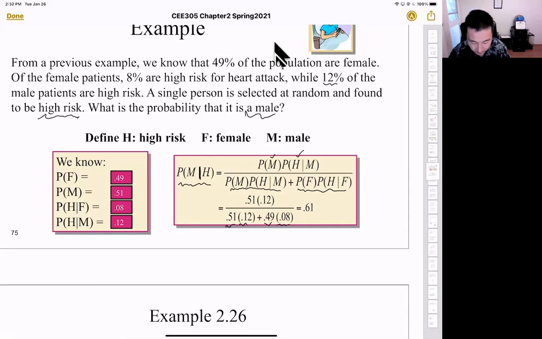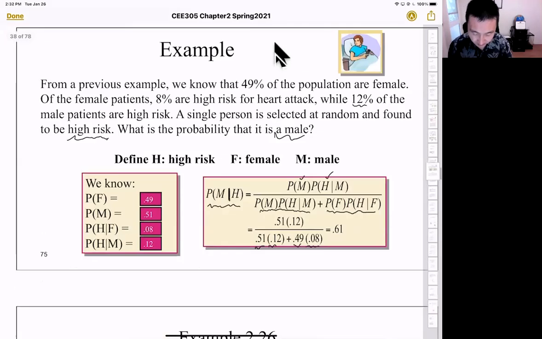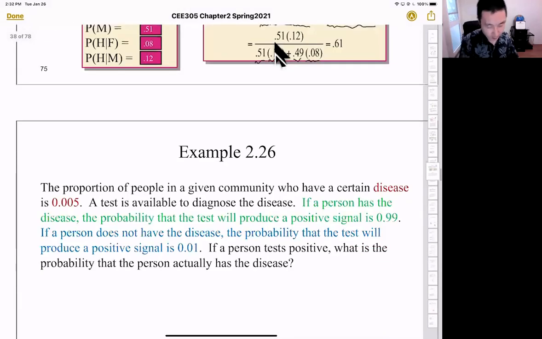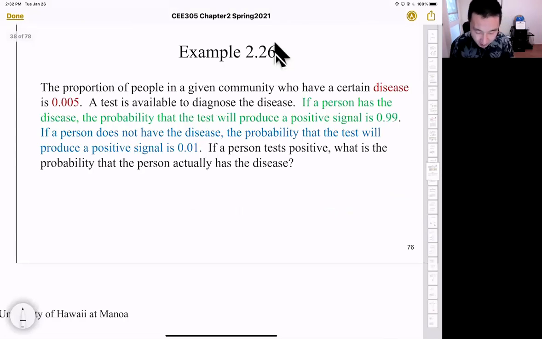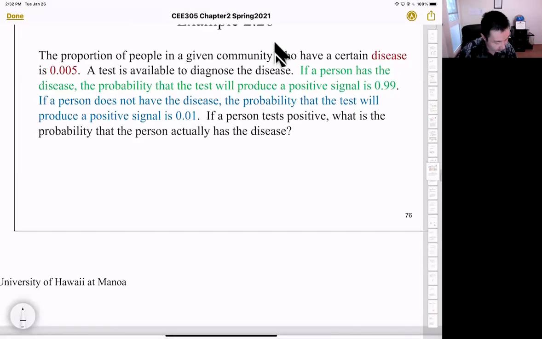Okay, let's look at another example. We can draw the diagram again and use the Bayes equation. The proportion of people in a given community who have a certain disease is 0.005. A test is available to diagnose the disease.